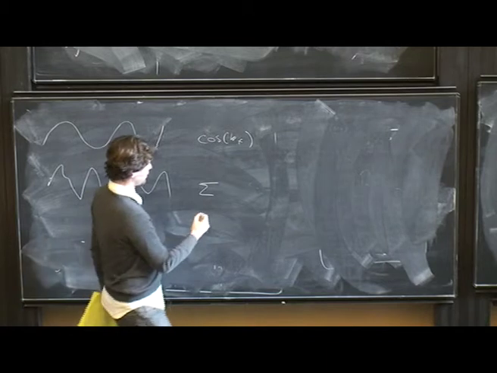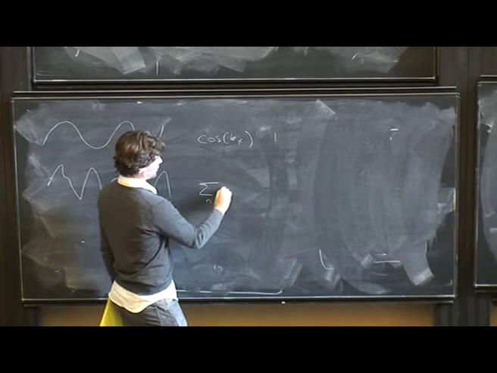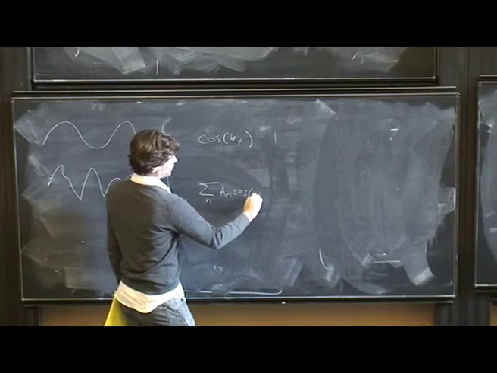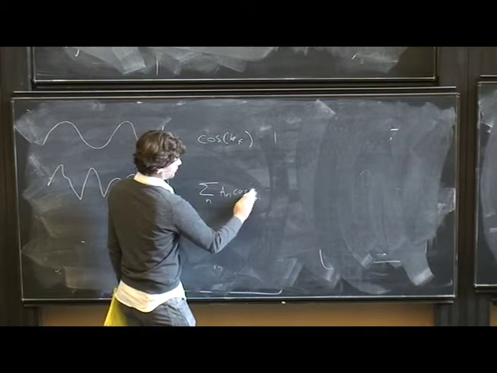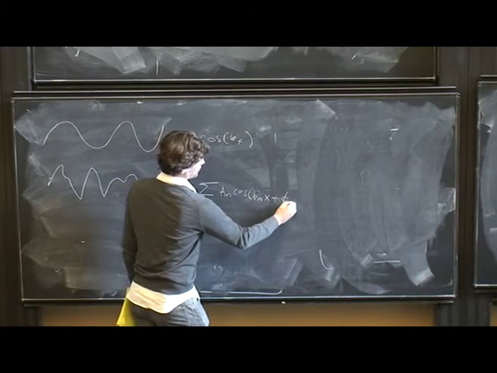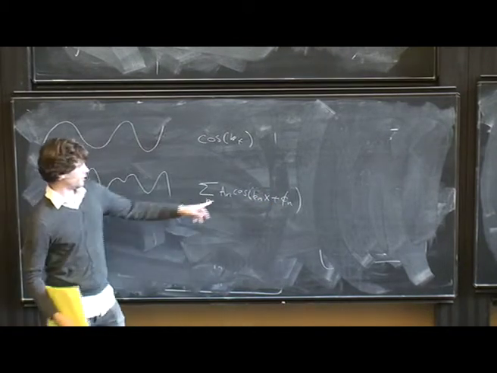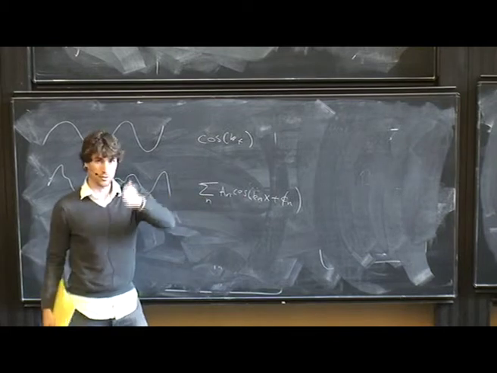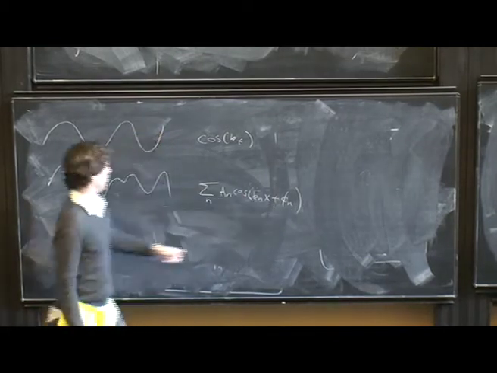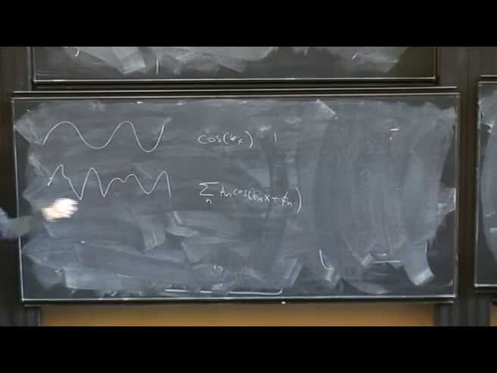In fact, you can prove that if you sum a bunch of cosines with evenly spaced frequencies, 1, 2, 3, 4, 5, but with random phases, it will look like a disordered function, and it is a disordered function.